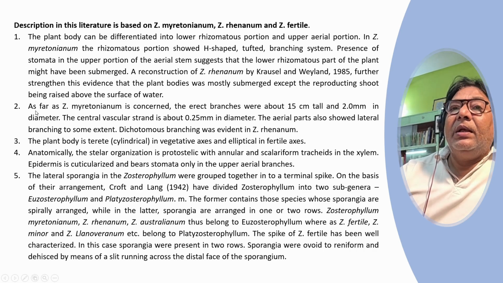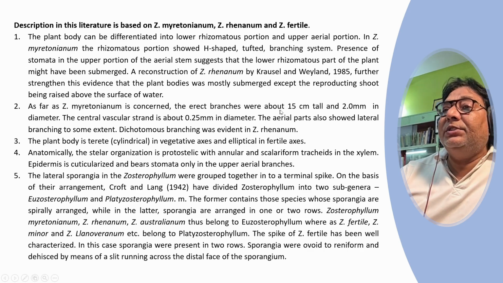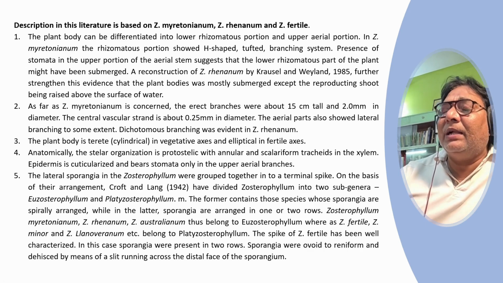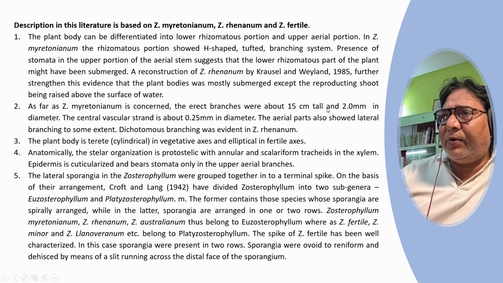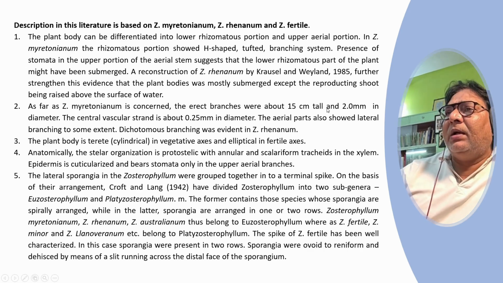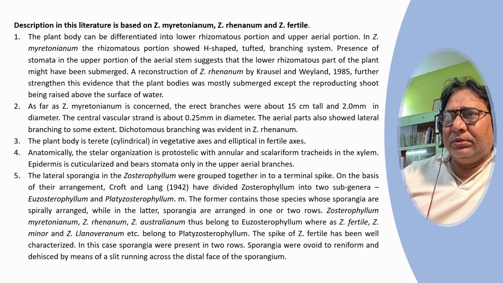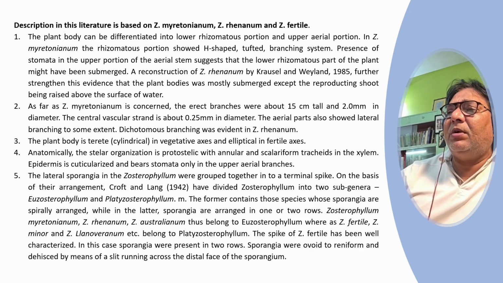As far as Zosterophyllum myretonianum is concerned, the erect branches were about 15 centimeters. We also have to say how tall the plants were, 15 centimeters, smaller than Rhynia gwynne-vaughanii, or approximately similar, because fossil records are rare. So by finding some fossil records, one cannot say 15 centimeters or 20 centimeters, not much different.